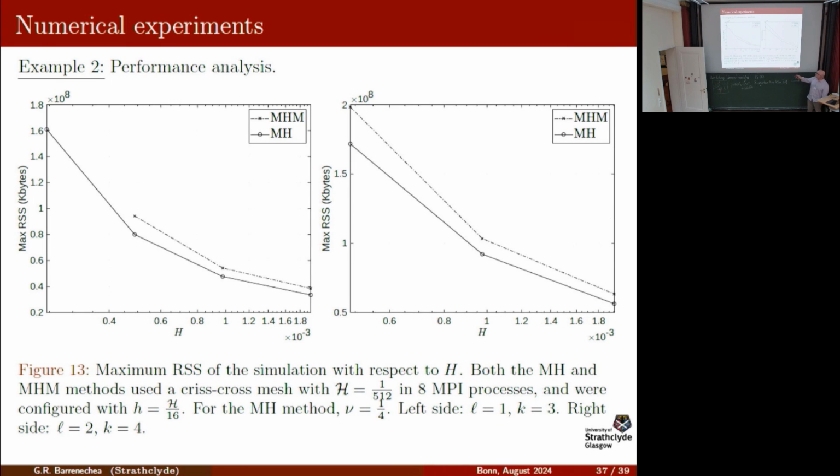This is for piecewise linears on the edges, cubics inside. And interestingly, we could not solve for the finest configuration with the MHM method because we ran out of memory, while by including this Robin boundary condition, we could reach that mesh.